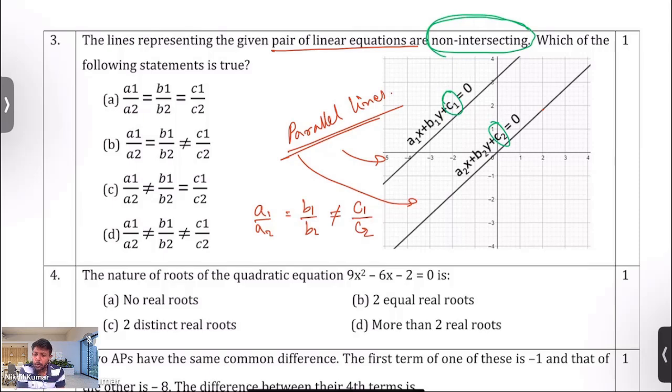If c1 upon c2 would have been equal to a1 upon a2 and b1 upon b2, that would mean that these two lines would represent the same line. These two equations will represent the same equation, isn't it? I'll explain.